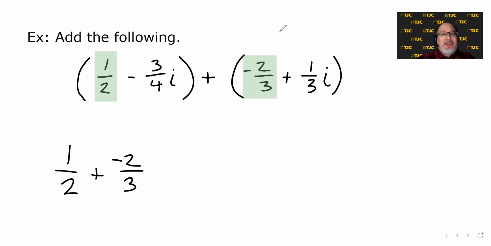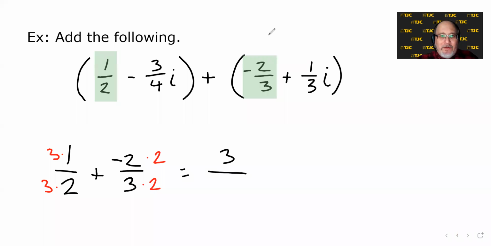Okay, so I'm going to get a common denominator of 6 by multiplying the first fraction on both sides by 3 and the second fraction on both sides by 2. Let's see what that changes the problem to. In the first fraction on the top, let me highlight where I'm talking so that you can follow me. In the first fraction on the top, we have 3 times 1, but 3 times 1 is just 3.